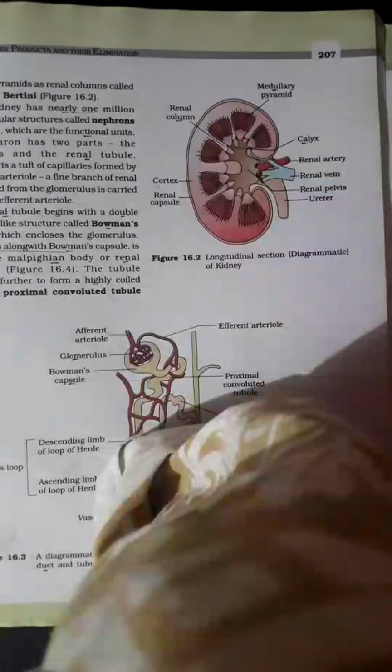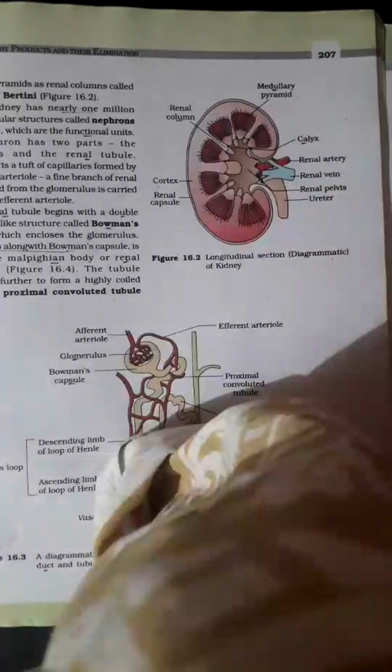As you see, these renal columns lie in between the medullary pyramids in the diagram. These are the columns of Bertini.